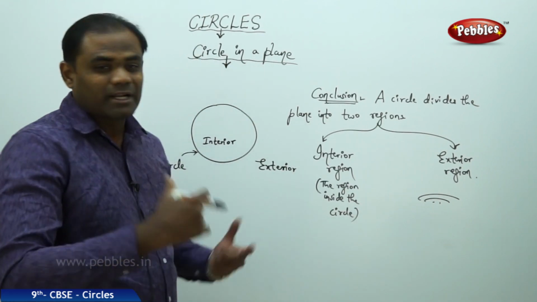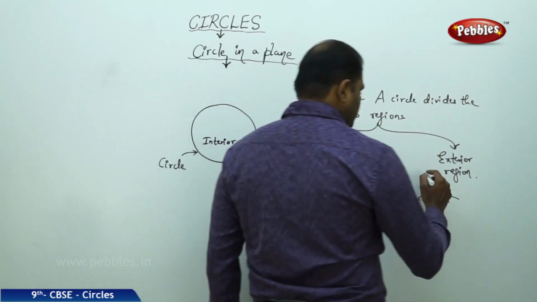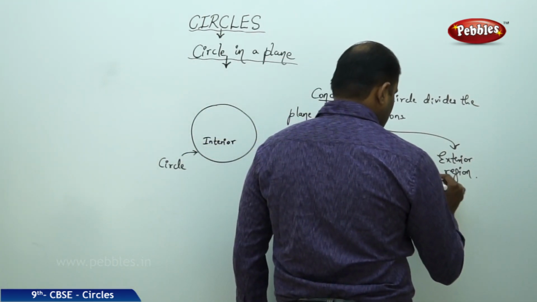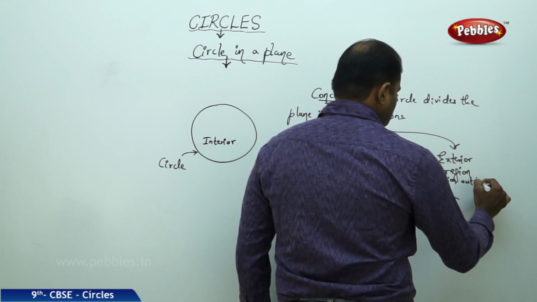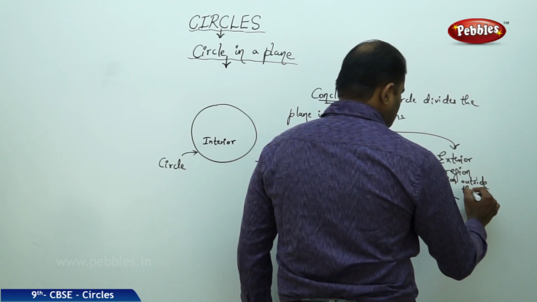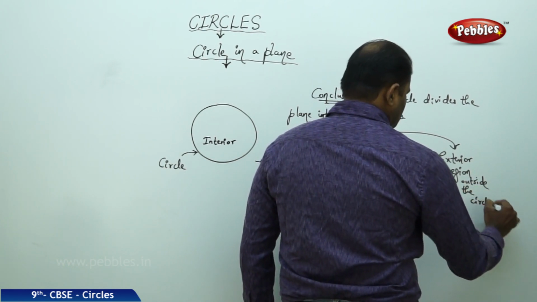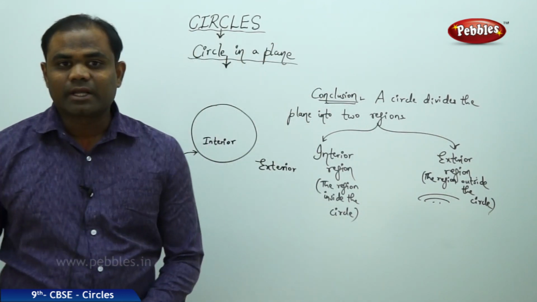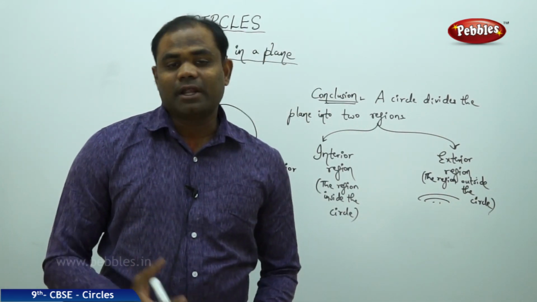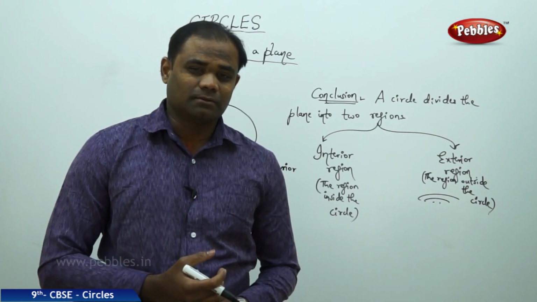And the region outside the circle refers to the exterior region. That's how we understand the interior region and the exterior region in the circle.